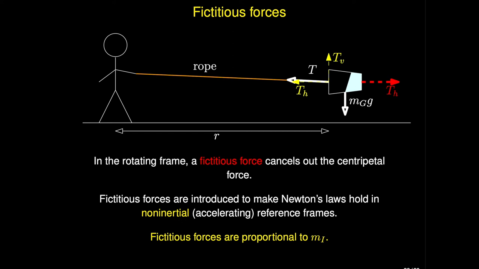It's because really you introduce the fictitious force to cancel out an acceleration. This force on its own should produce an acceleration this way. I introduce a fictitious acceleration the opposite way, and then the fictitious force is just the inertial mass times the fictitious acceleration. That's why, basically. But the point is, they are always proportional to the inertial mass.